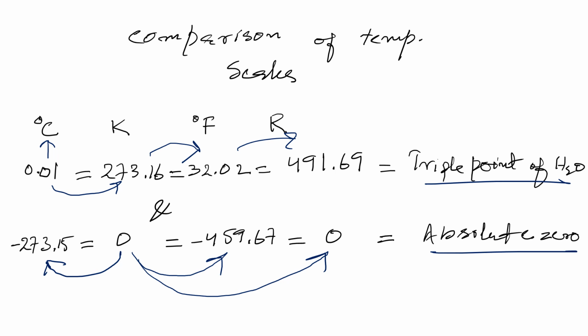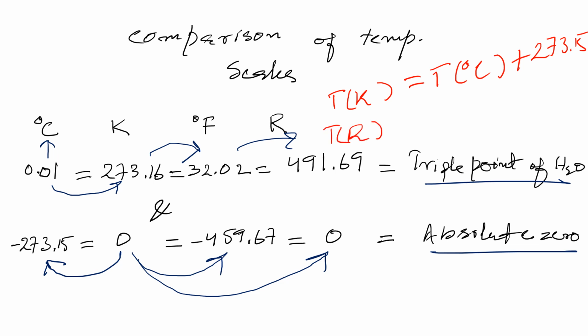So we have simple conversion formulas to make the comparison. T in Kelvin is equal to T in degree centigrade plus 273.15, right? And T in Rankine is equal to T in Fahrenheit plus 459.67, right?